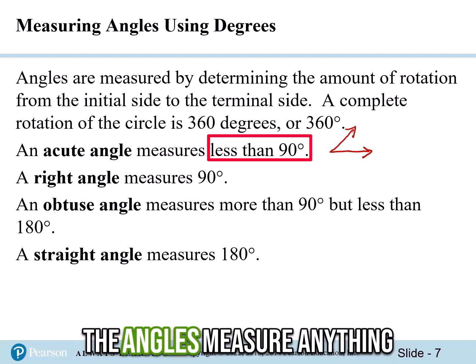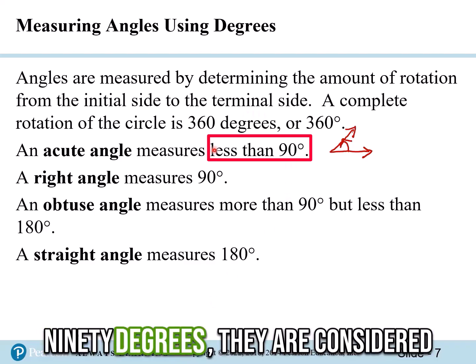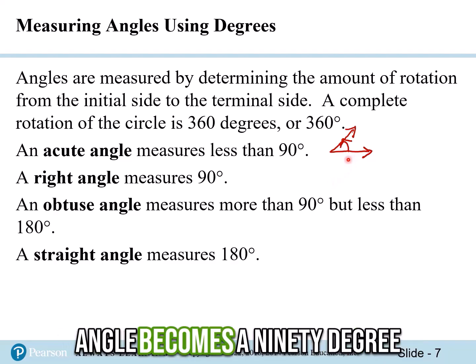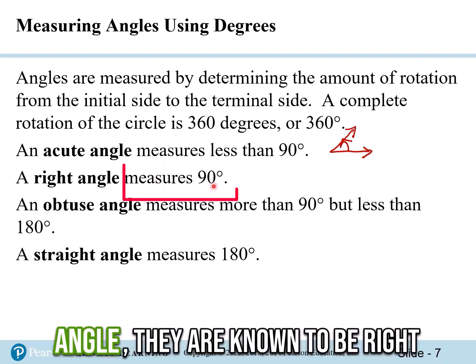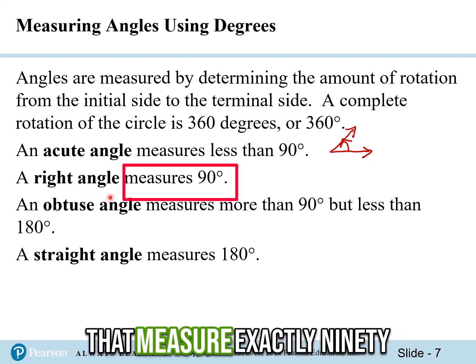As long as the angles measure anything between 0 degrees and less than 90 degrees, they are considered to be acute angles. As soon as the angle becomes a 90-degree angle, they are known to be right angles. So right angles are those that measure exactly 90 degrees.